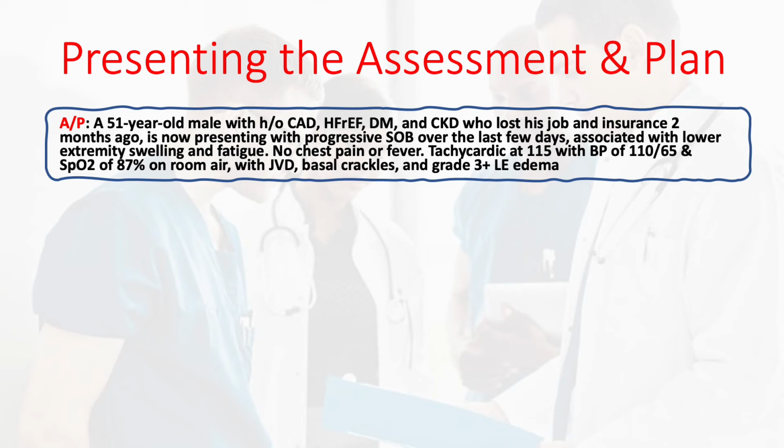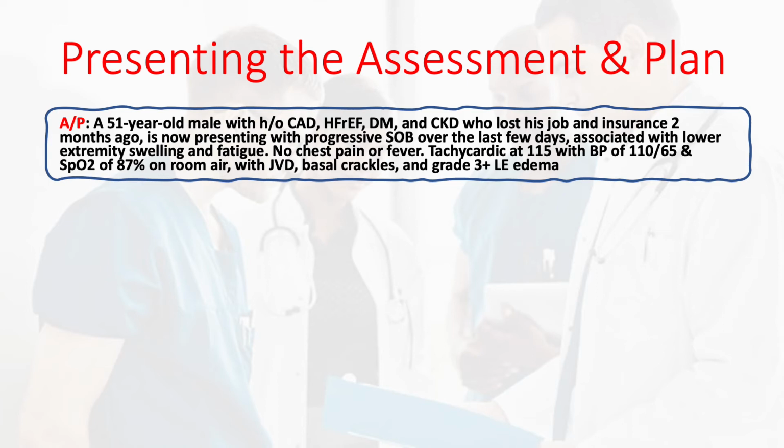So for example, you can say something like: here we have a 51-year-old male with history of CAD, heart failure, diabetes, and chronic kidney disease, who lost his job and insurance 2 months ago, who is now presenting with progressive shortness of breath over the last few days, associated with lower extremity swelling and fatigue, without chest pain, without fever. He was tachycardic and borderline hypotensive, with hypoxia at 87% on room air.